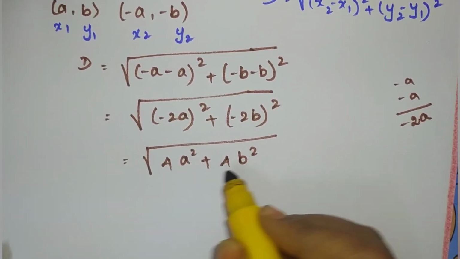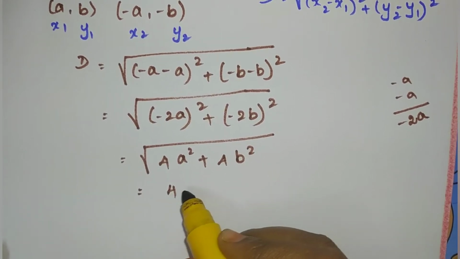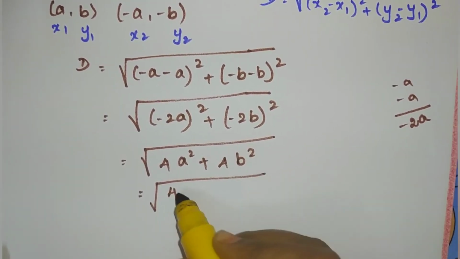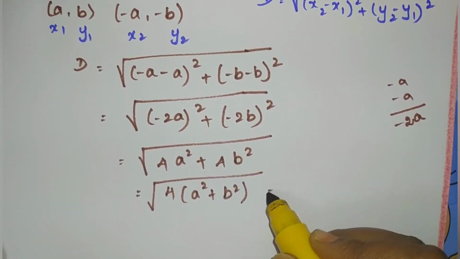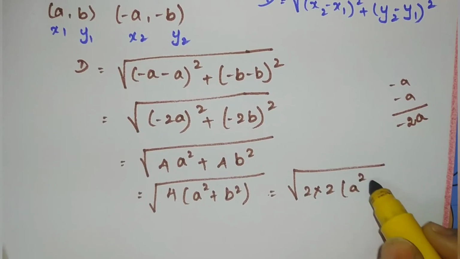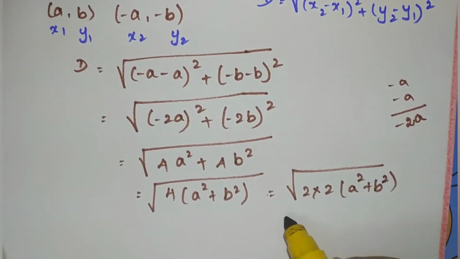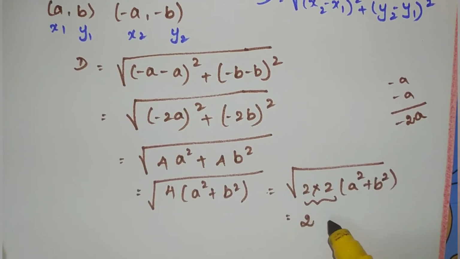4 is common in both the terms, so I am going to take it out. So 4 times A square plus B square. 4 how we can write, children? 2 into 2. Then from this we can take 1, 2 outside.